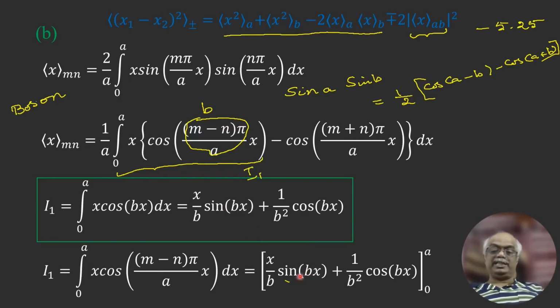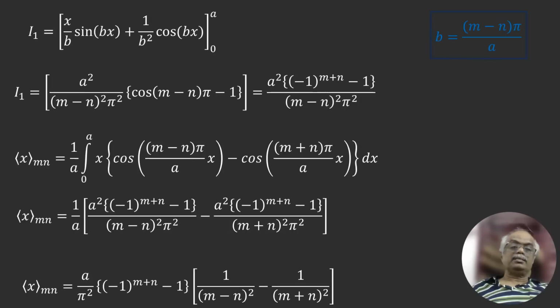Of course, we have to apply the limit 0 to a. Now we will find the answer for this. I1 is equal to x over p sin px plus 1 over p squared cos px, with the limit 0 to a.